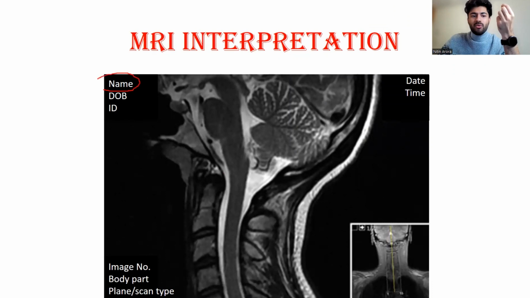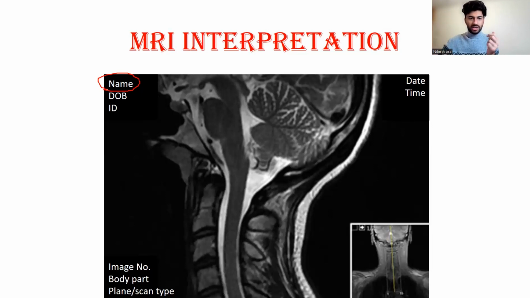This is a very common problem that usually happens: sometimes people do not read the name, they read the MRI of some other person, and then you are confused about what happened.